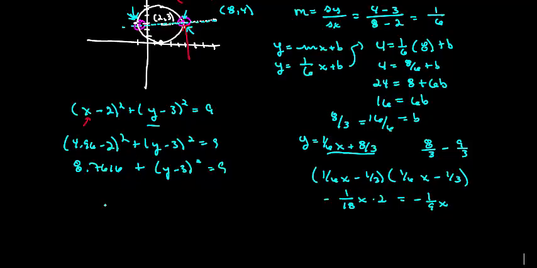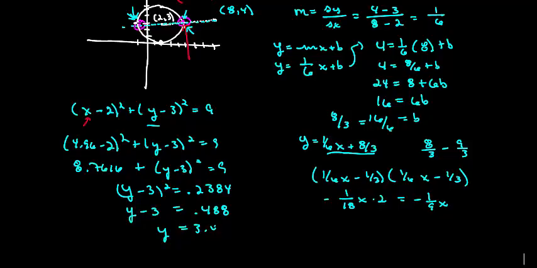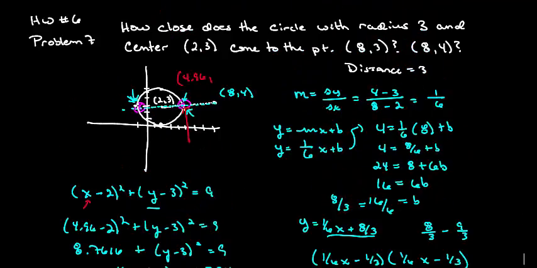We're going to take 9 minus that number. So we're going to get y minus 3 squared is equal to 0.2384 approximately. Square root of that guy. So that's 0.488 roughly. Add 3 to both sides. So that's 3.488. Again, that's just a rough estimate. It's 3.488.